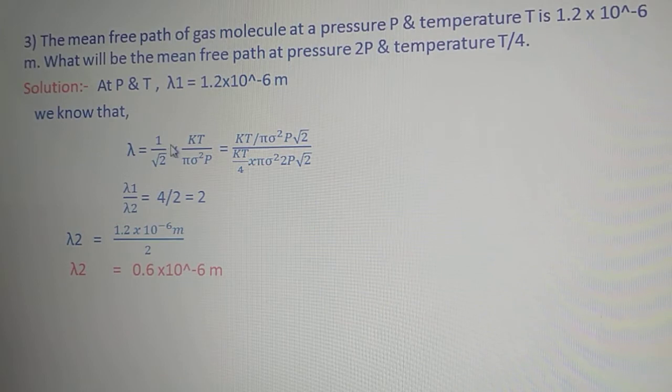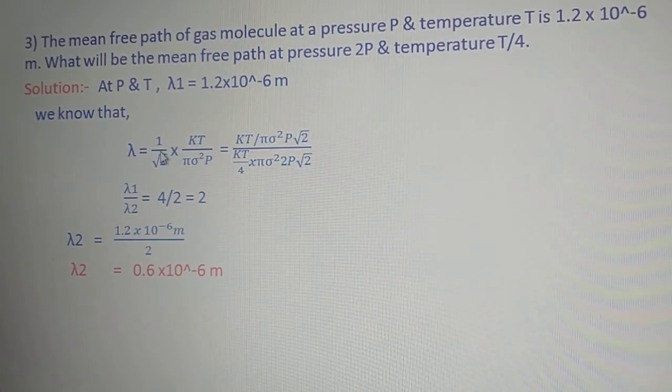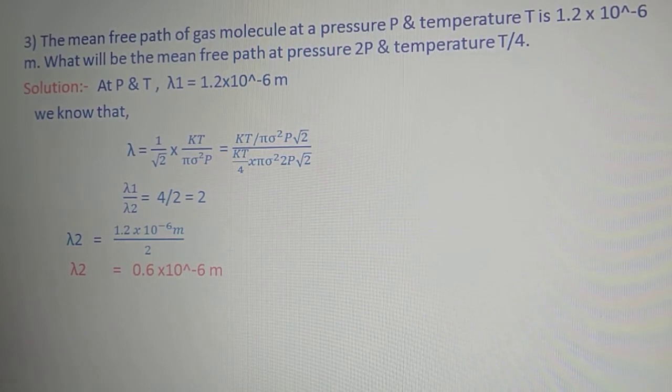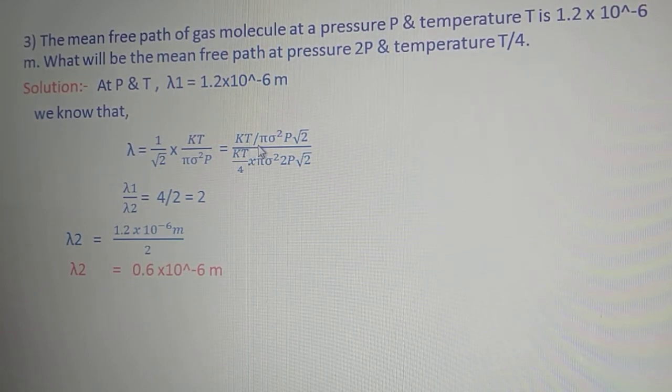So for lambda 1, what are the quantities on the right hand side which are varying? Temperature and pressure, only two. Rest of the things are constant, right? So for lambda 1 and lambda 2, we can write lambda 1 equal to kT by pi sigma square P root 2.